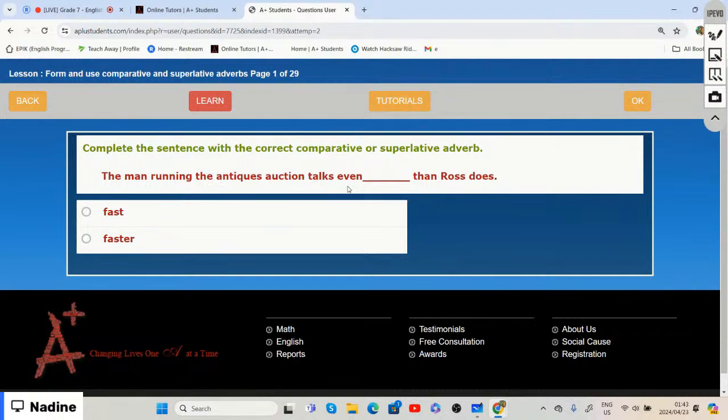Remember, when we are comparing ourselves on literally anything that we're doing to another person, only one person, then we say that is a comparative adverb. But as soon as we are comparing ourselves to more than one person, then it is not a comparative adverb, right?